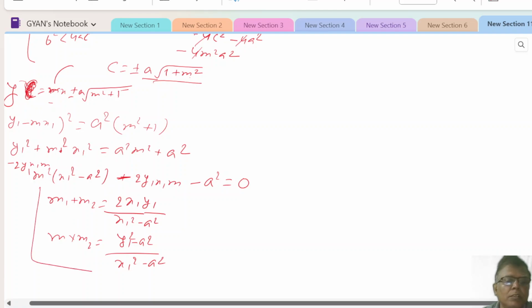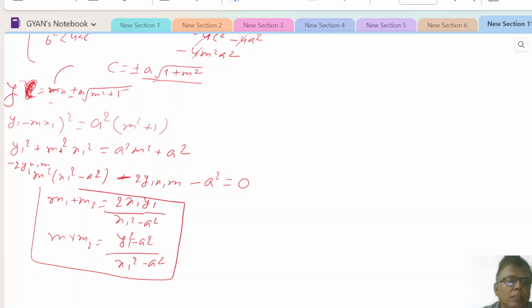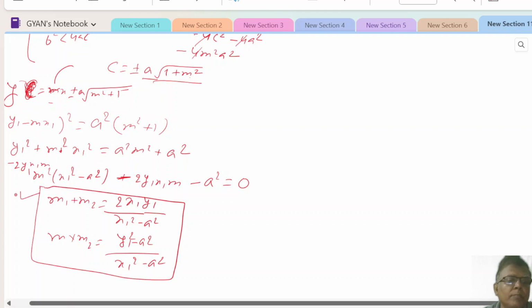So this is the important formula. Now come to the parabola.